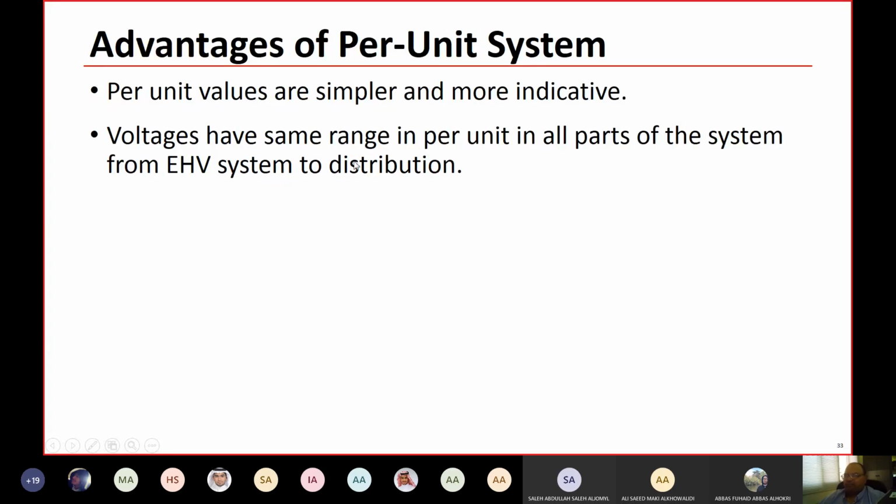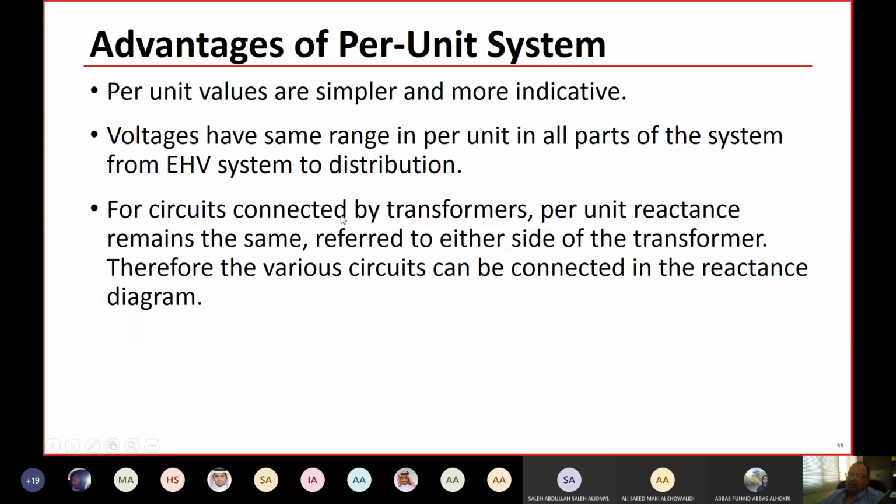The voltage, impedance, and currents are the same in per unit, whether it is on the primary side of the transformer or the secondary side of the transformer. In per unit they are the same. So the transformer now is no longer a problem.